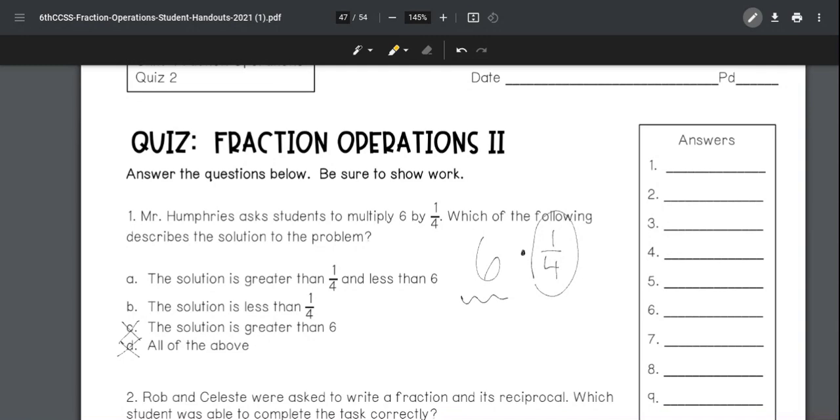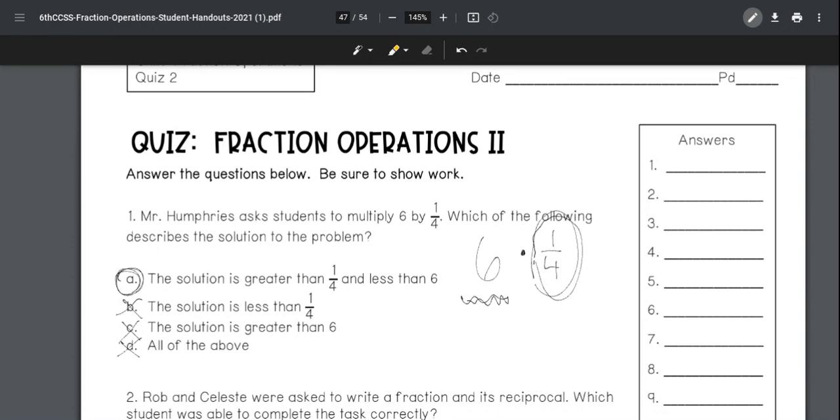And then based on my statement at the beginning of this problem saying we're multiplying by a fraction that's less than 1/2, so our answer is going to be less than the original number, our answer is not B. We are not going to have an answer that is less than 1/4. The answer is A. Our answer is going to be smaller than 6, but bigger than the fraction that we are multiplying by.